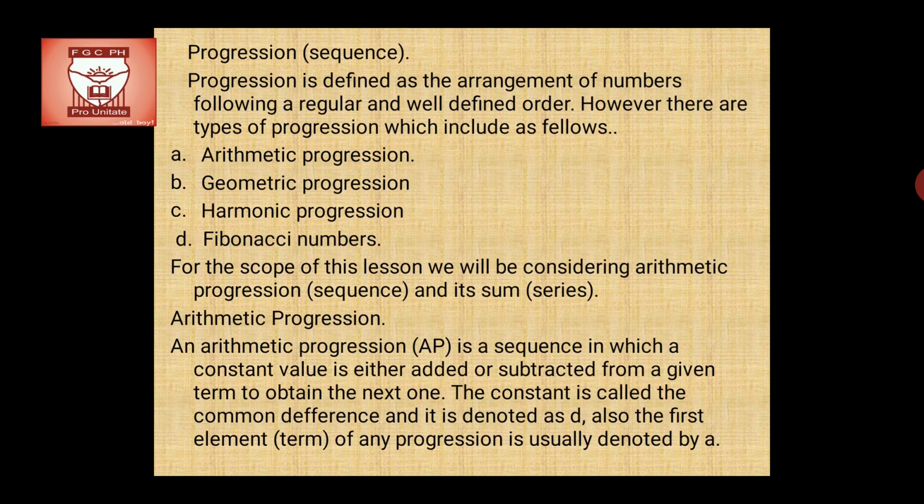It can be simply defined as a sequence in which a constant value is either added or subtracted from a given term to obtain the next one. The constant is called the common difference, and it is denoted as D. Also, the first element of any progression is usually denoted by A.